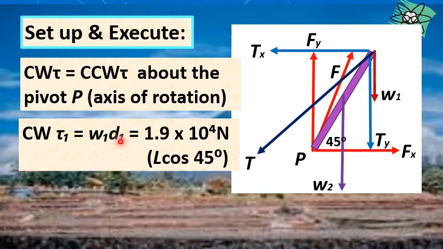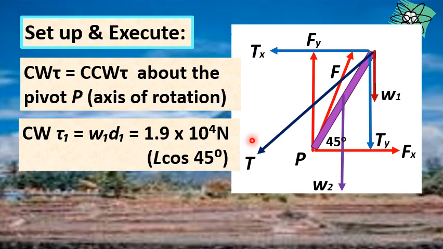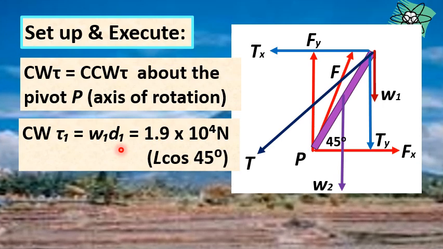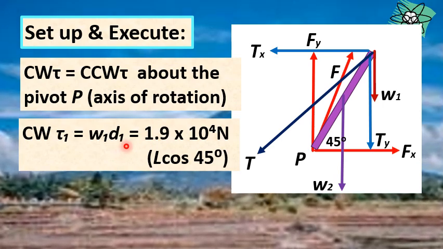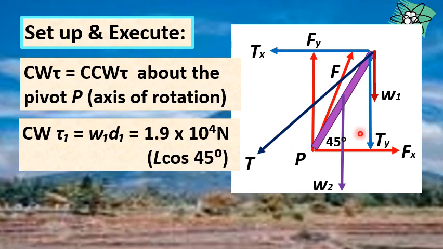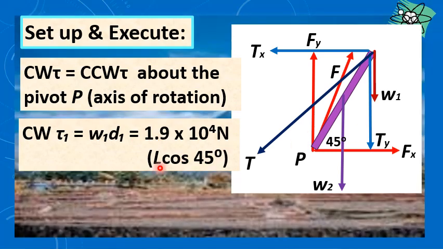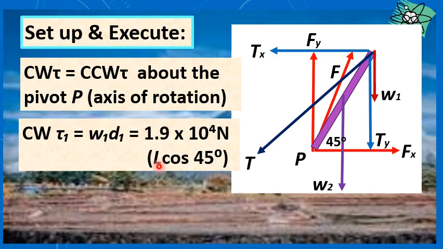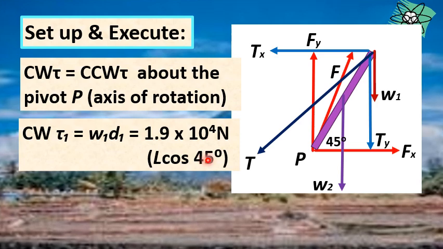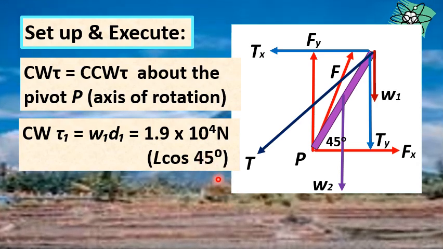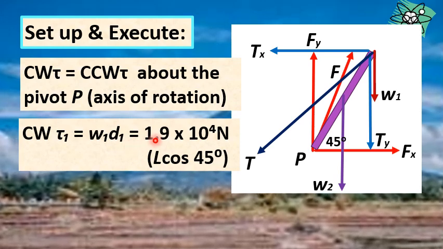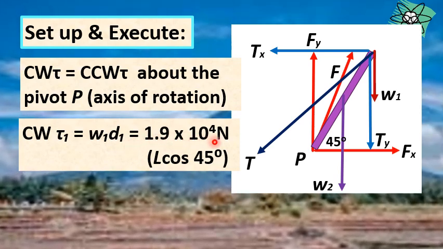So, if you multiply the magnitude of the weight W1 by its moment arm denoted by d sub 1, which can be expressed as the length of the strut, capital L, multiplied by cosine of the angle 45 degrees, the weight W sub 1 is 1.9 times 10 to the 4th power Newton.